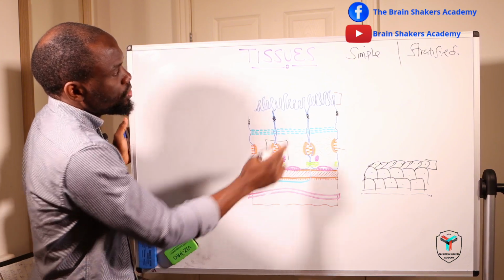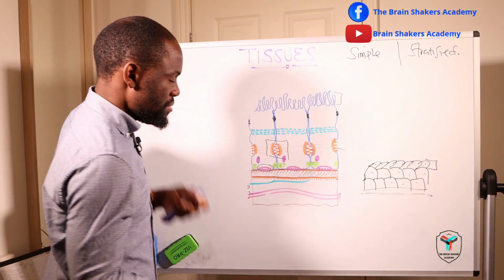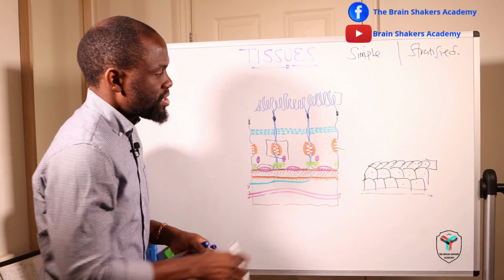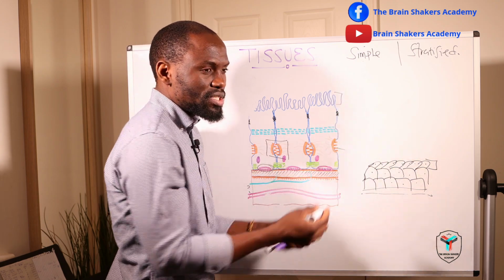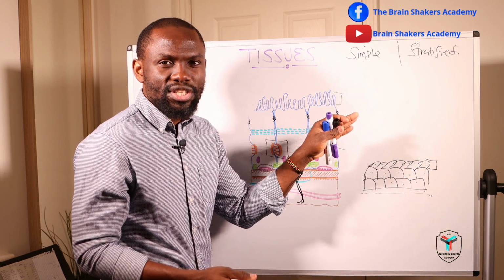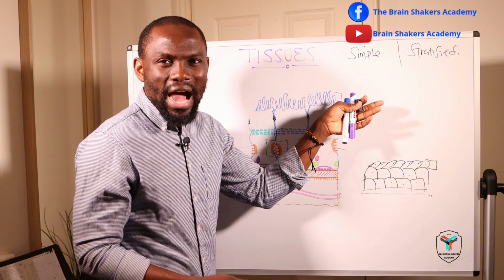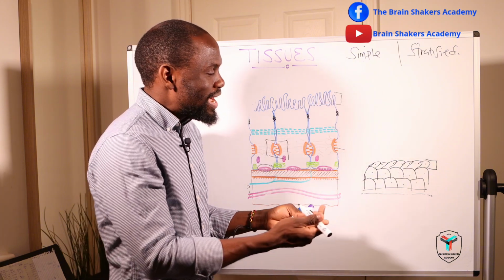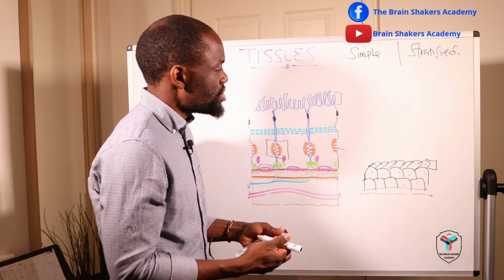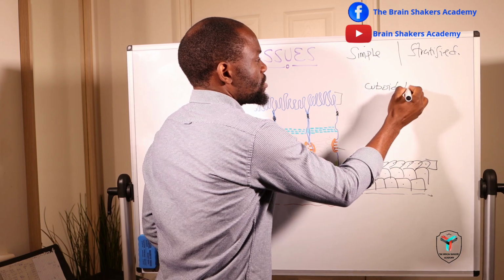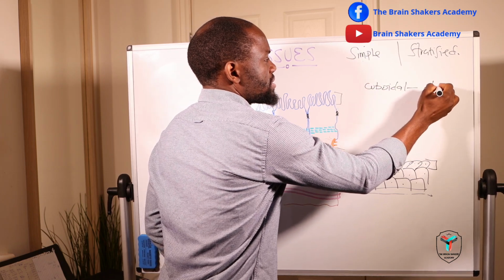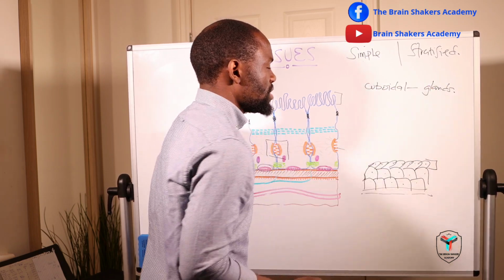Now, when you are looking at the simple epithelium, such as the simple squamous, that's the type of epithelium that you're going to find lining structures such as the lungs and the blood vessels to allow for easy gaseous exchange. Cuboidal is going to line glands such as the pancreas and all these other glands.